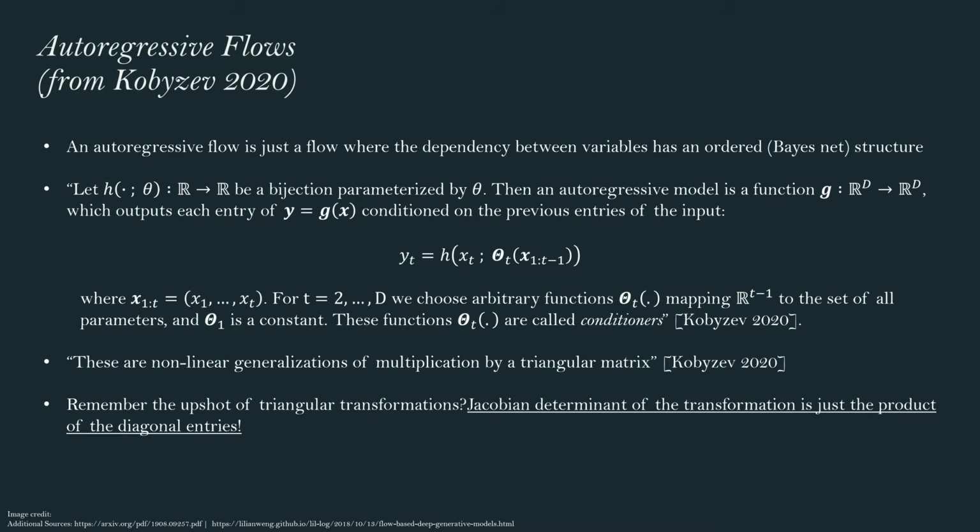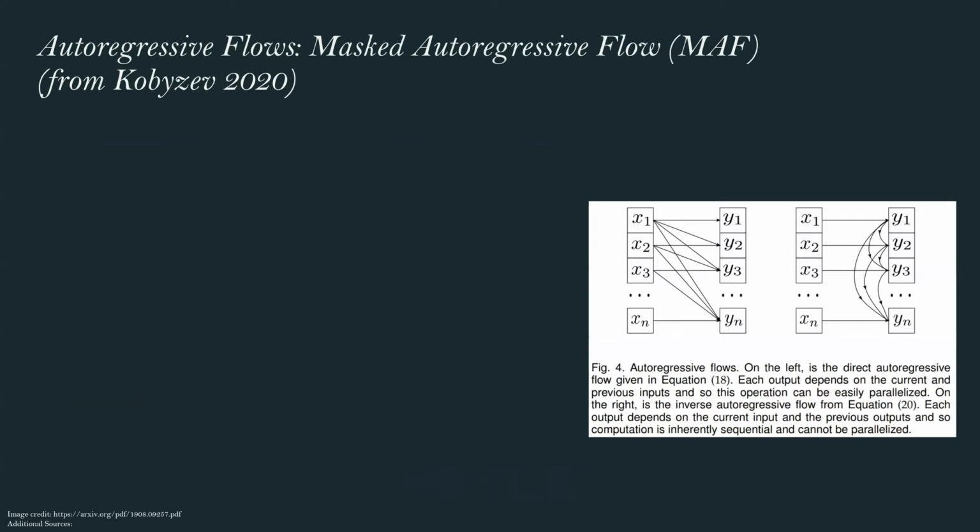So we get the cheap determinant and a not too bad inverse calculation, right? In terms of actually computing that determinant, it's going to be relatively cheap. And the first one we're going to take a look at is these masked autoregressive flows.